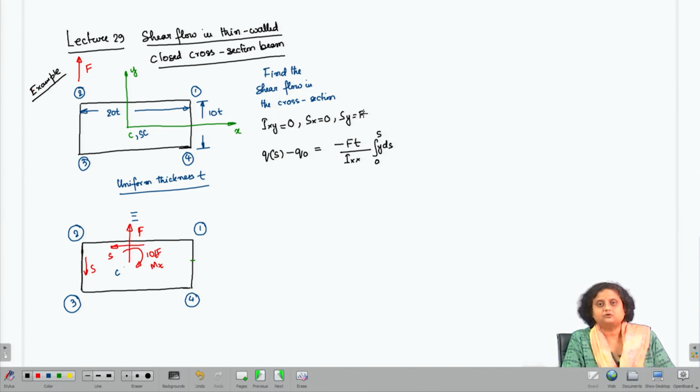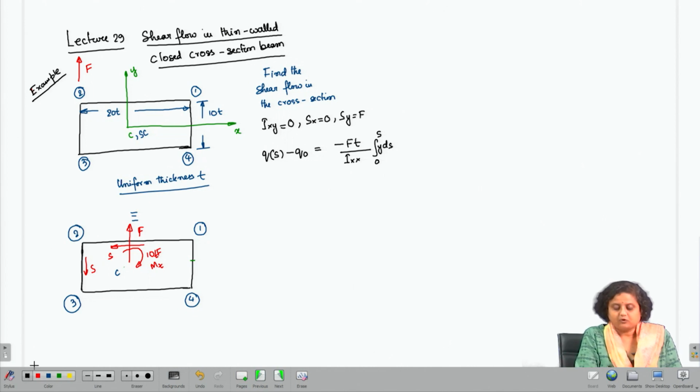Now, let us start solving the problem. For portion 1 2, or flange 1 2, s is going to lie between 0 and 20t, and y is just going to be 5t.